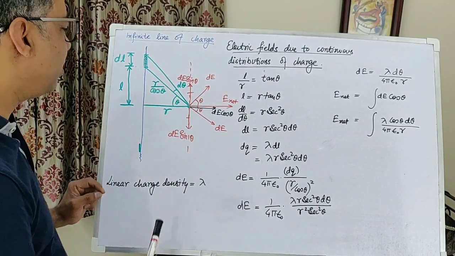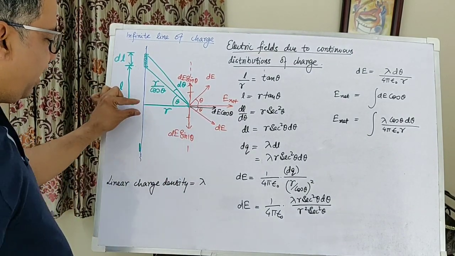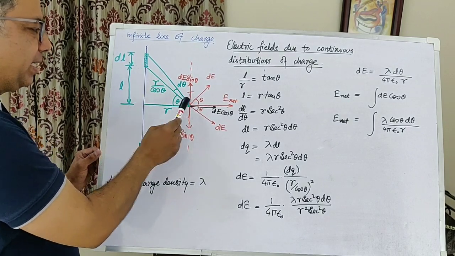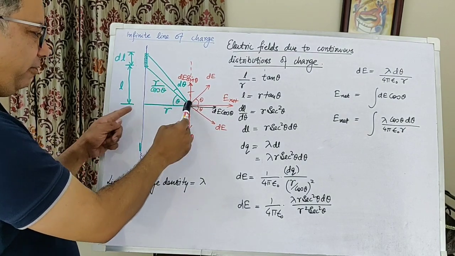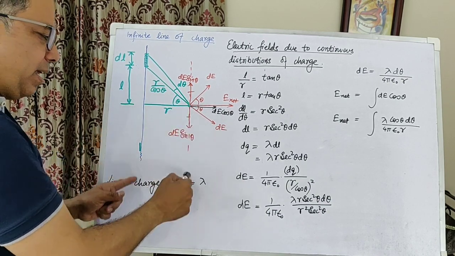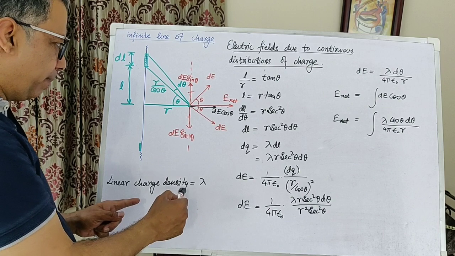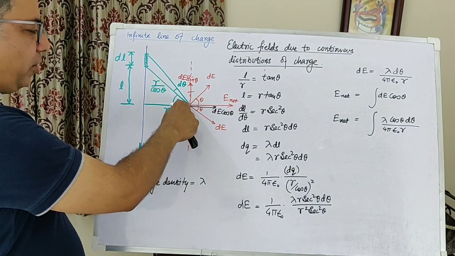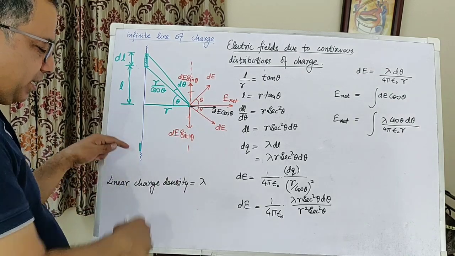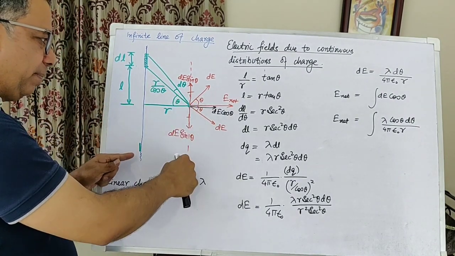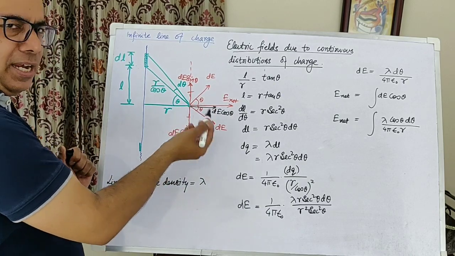So the line drawn from here up to the element at infinity below will be parallel to this line, and the angle theta here would be 90 degrees.